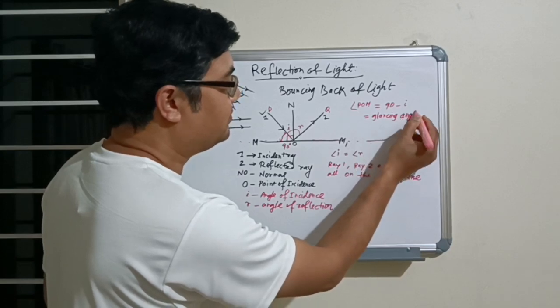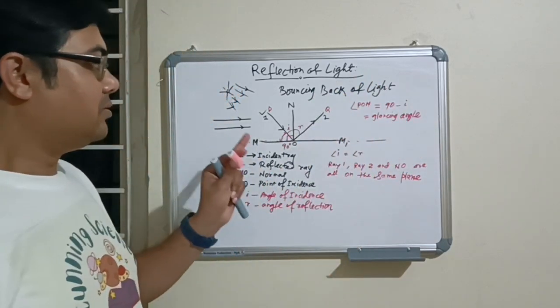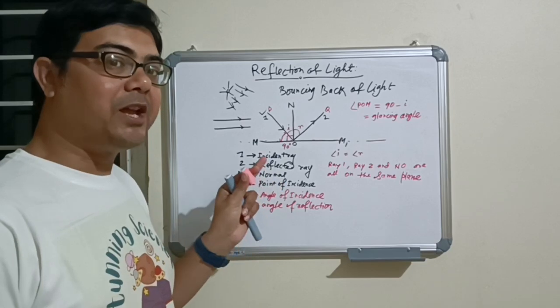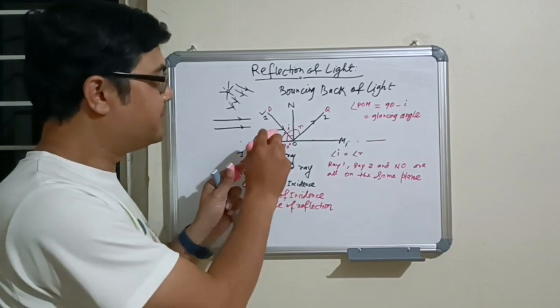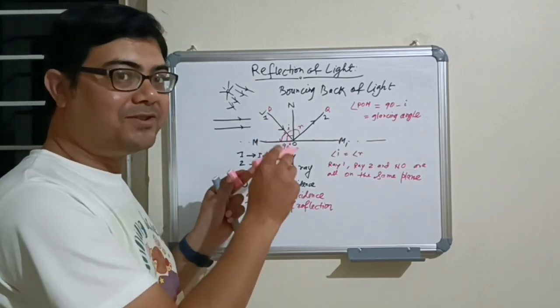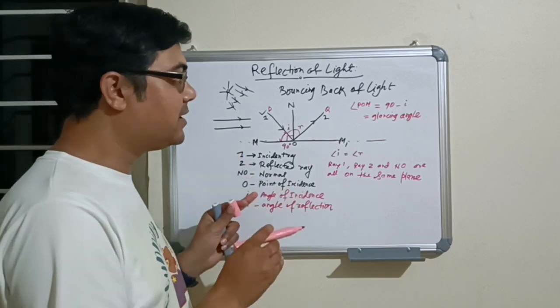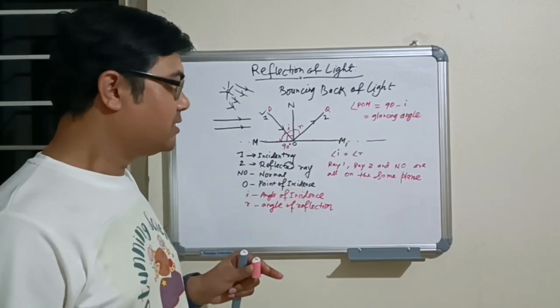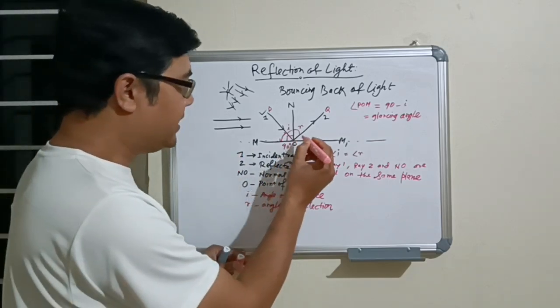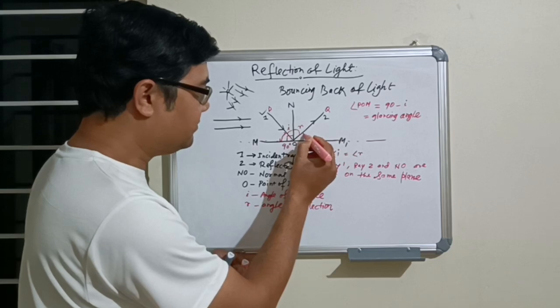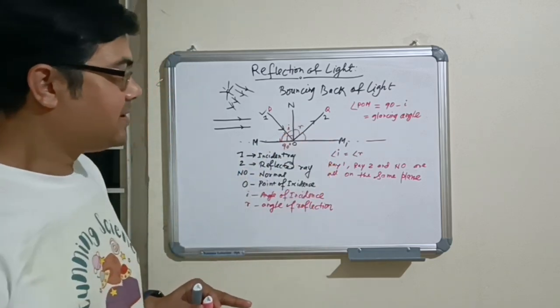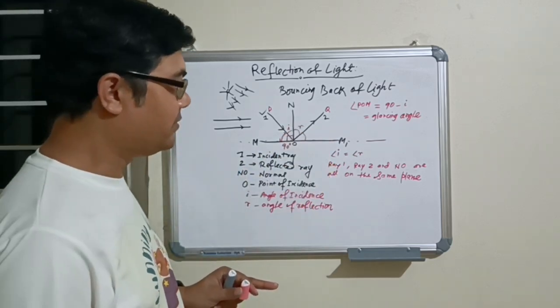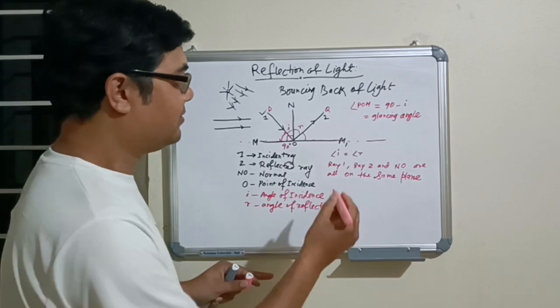The glancing angle we are trying to find out with respect to the incident ray, so it is known as glancing angle of incidence. Similarly, this angle is known as glancing angle of reflection.